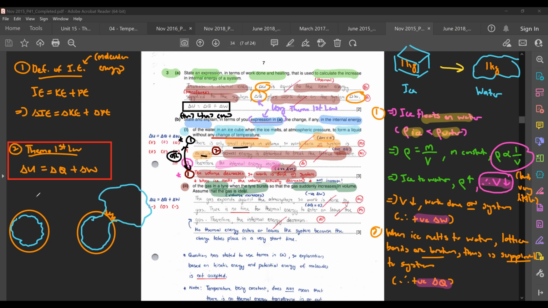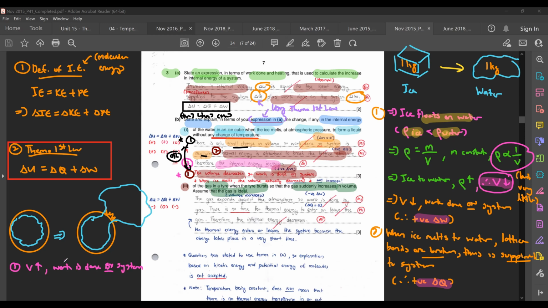It will now expand. So from here to here, what you could say is that your volume has increased, work is done by system.